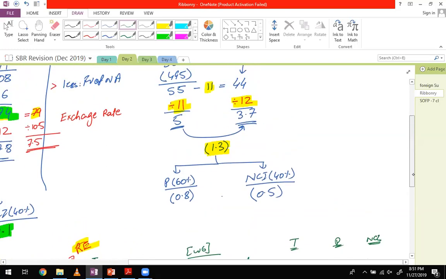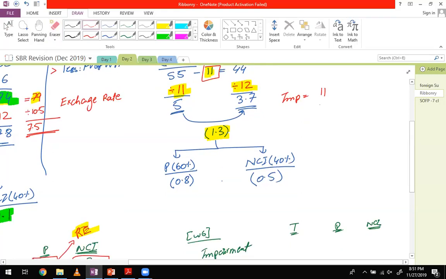Okay, so now again, if we see, the value of the impairment was 11. So if I want to calculate impairment in terms of dollars, we are simply going to divide it by 10.5. Thank you, Sophia. It's 1.05.